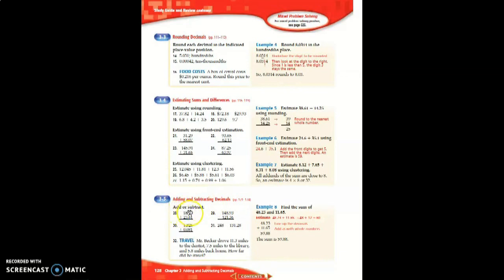Add or subtract. Travel. Mr. Baker drove 11.3 miles to the dentist, 7.5 miles to the library, and 5.8 miles back home. How far did he travel?